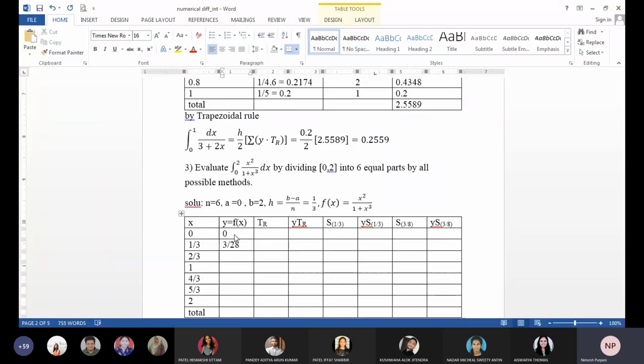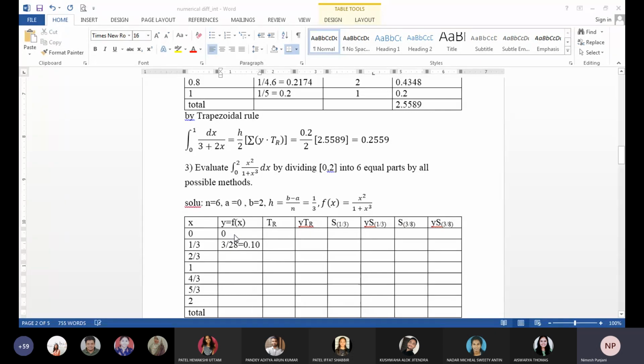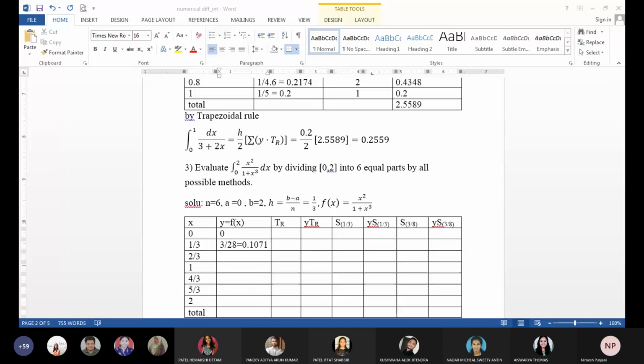Just take it out. Then I will write it in fraction, or you write it in fraction, that's okay. It is 0.1071. Is the value of y1 clear?